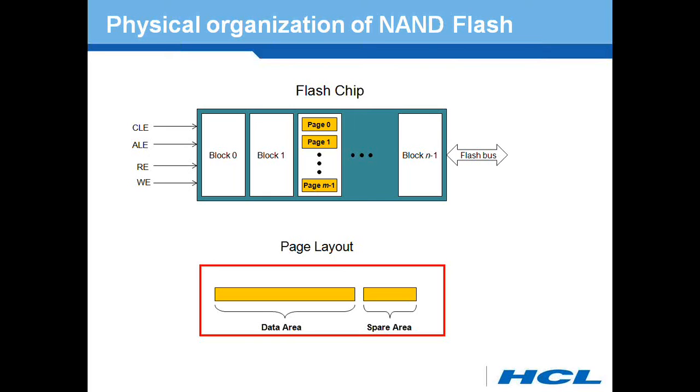With the help of control pins like CLE and ALE, where CLE is command latch enable and ALE is address latch enable, when we want to transfer an address to the flash memory, these control pins are used to transfer it.